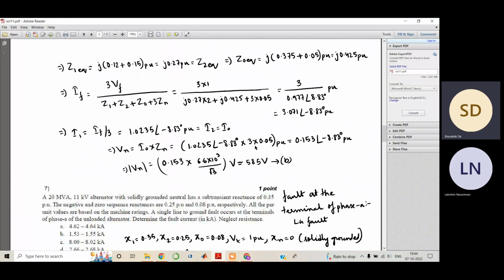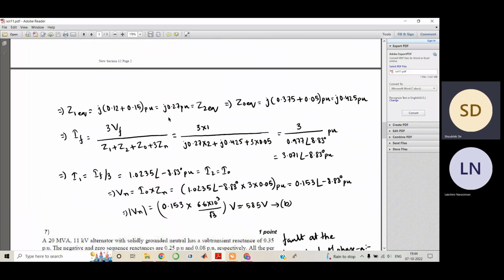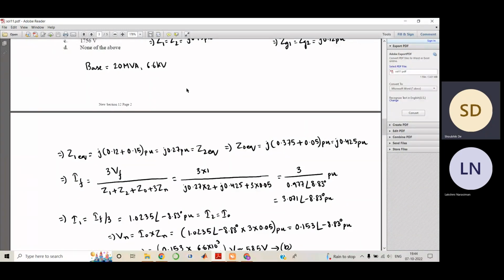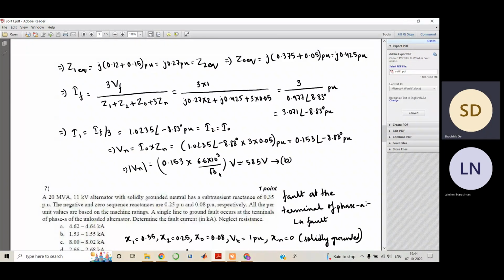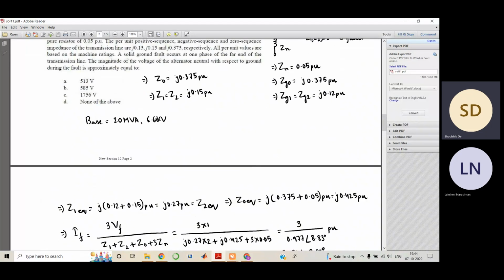This current into 3 into 0.05, you get 0.153. You know the base voltage, which was 6.6 kV. Divided by root 3, you get around 585 volts, which is your option B.